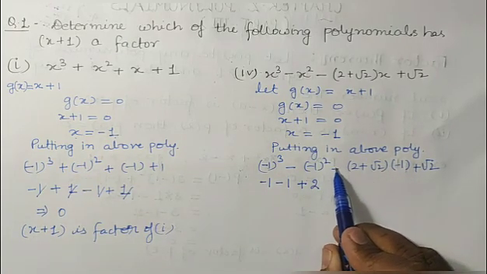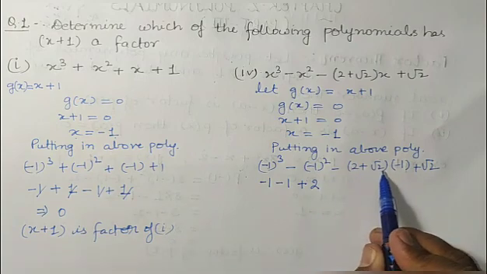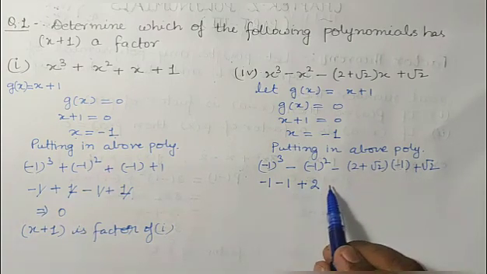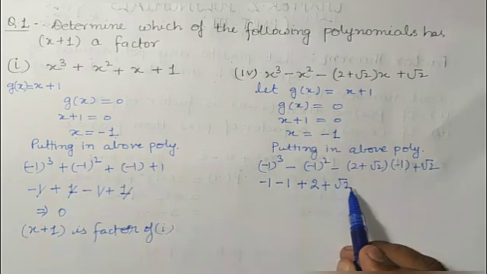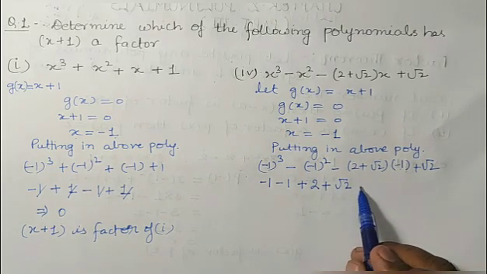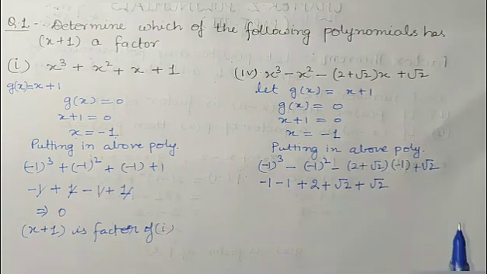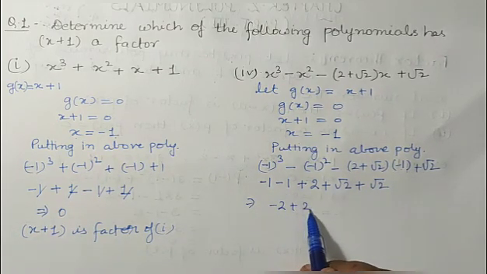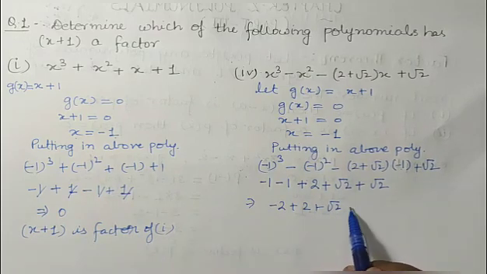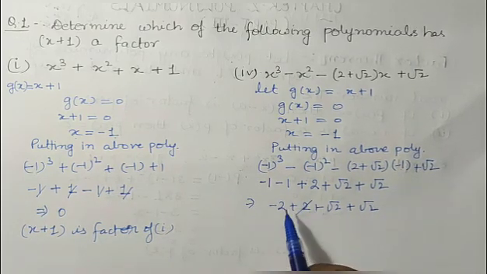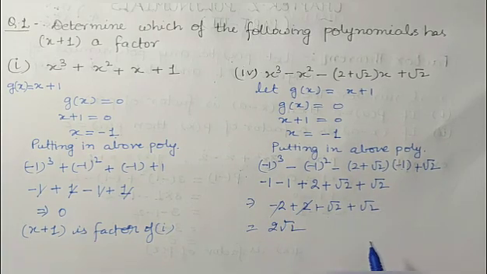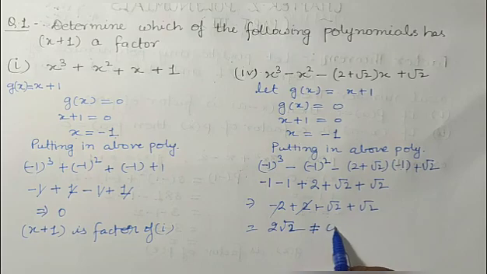Open the bracket, because this minus will make this plus, so open the bracket: 2 plus under root 2, and then plus under root 2. So here you can see that it is minus 2 plus under root 2 plus under root 2. So this will be cancelled out, but this will be left, means it is 2 under root 2. If it is 2 under root 2, this is not equal to 0.